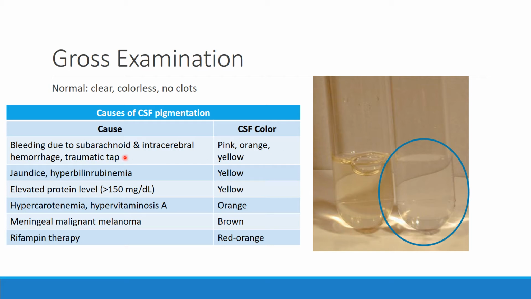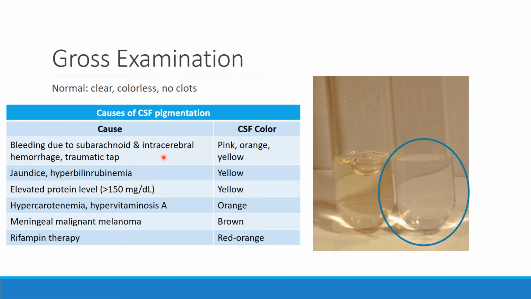We call that a traumatic tap. Usually you can tell the difference: with a traumatic tap, after you spin the specimen, all the blood cells will be at the bottom in a button. And with a traumatic tap, you don't usually have xanthochromia, because those are fresh red cells. They're not lysed, they're fresh.